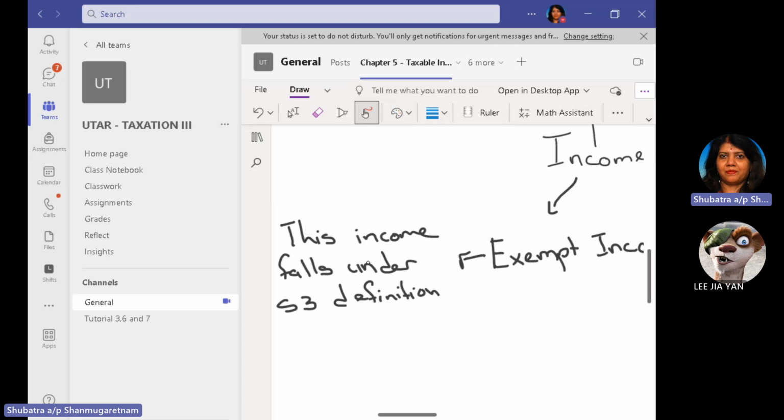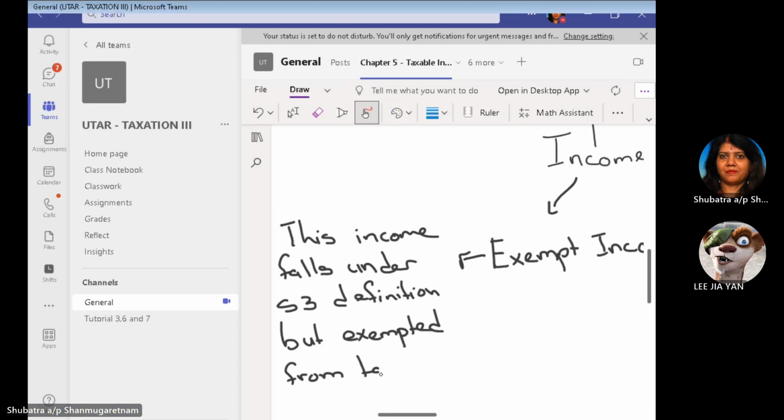Which means it is taxable in Malaysia. Whatever income under this is taxable in Malaysia, but it's exempted from tax. The key word here is exempted from tax.